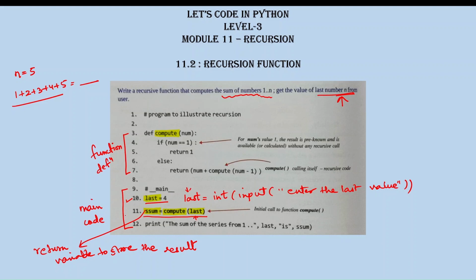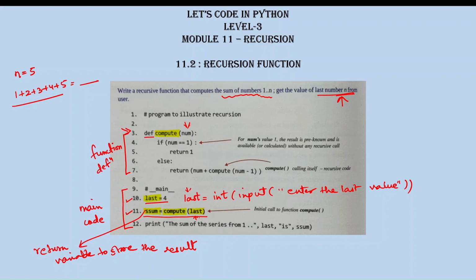Now, after this line is read, we're going to jump directly to line number 3. Here is the function definition. Compute is the name of the function. DEF is written because the function is being defined. Inside the brackets, we mention the arguments which have to be passed.